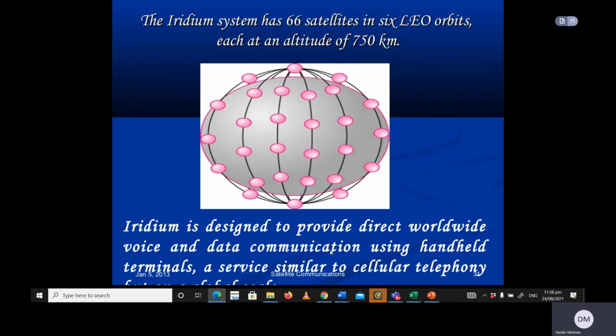So we have 66 satellites in the Iridium system at 750 kilometers altitude. That is why we have cellular telephony services.